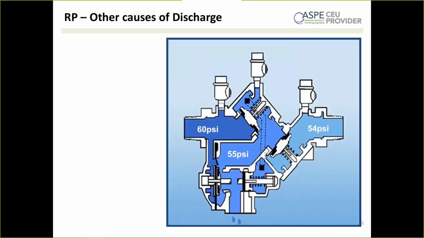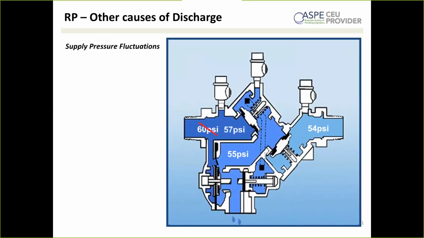Last thing I would like to note on the operation of an RPZ backflow preventer is how supply pressure fluctuations and water hammer can affect the valve. So, supply pressure fluctuations. If you're towards the end of a distribution leg or you're near some sort of large intermittent uses of water, maybe hydrants are being flushed, these are all reasons that supply pressure might drop or not be consistent.